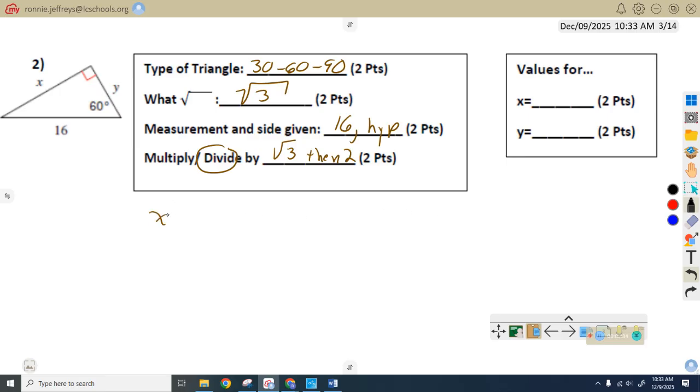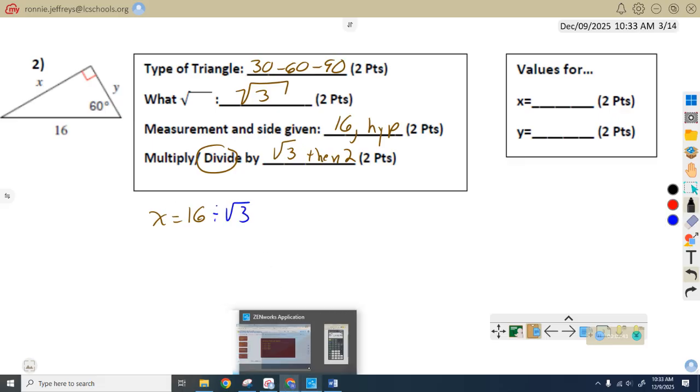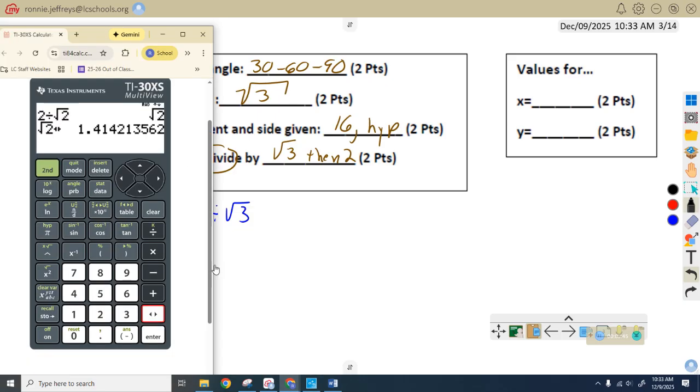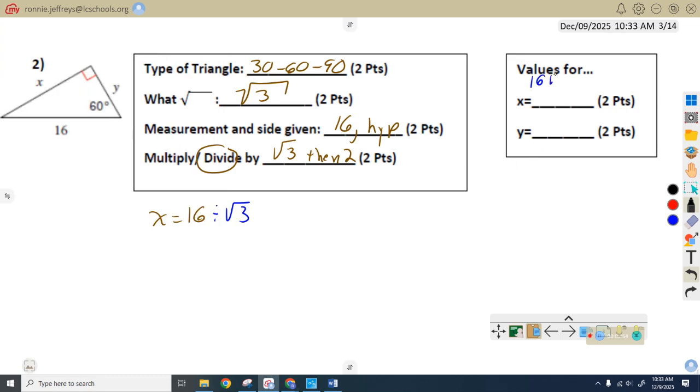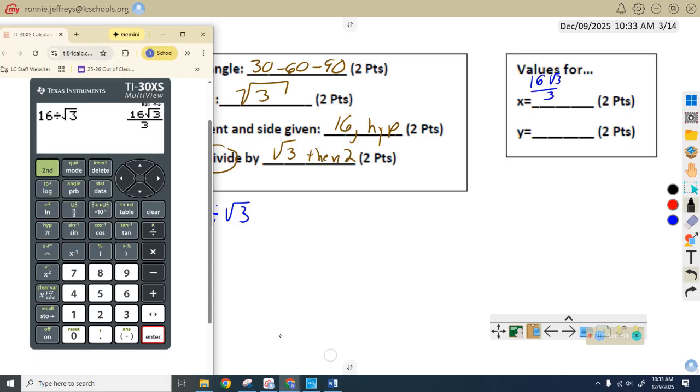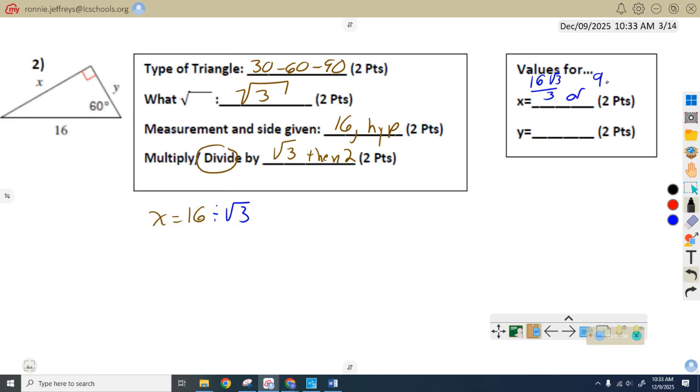So if I'm finding x, this is 16 divided by root 3. Alright, so I get 16 root 3 over 3, and I think that's 9 point something something. Yep. Or 9.24.